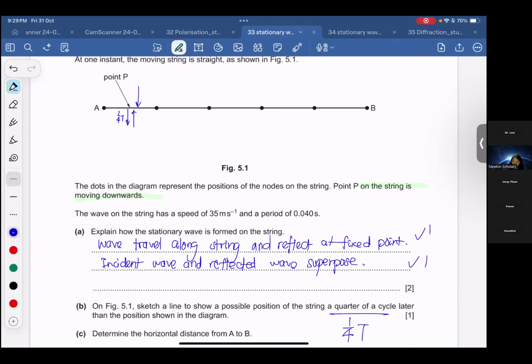So 1 over 4 should actually be somewhere here. So I draw my pattern. It should be like this. So this is my position after time equals 1 over 4 T. This is the possible position of the string a quarter of a cycle later. Is it okay, dear?